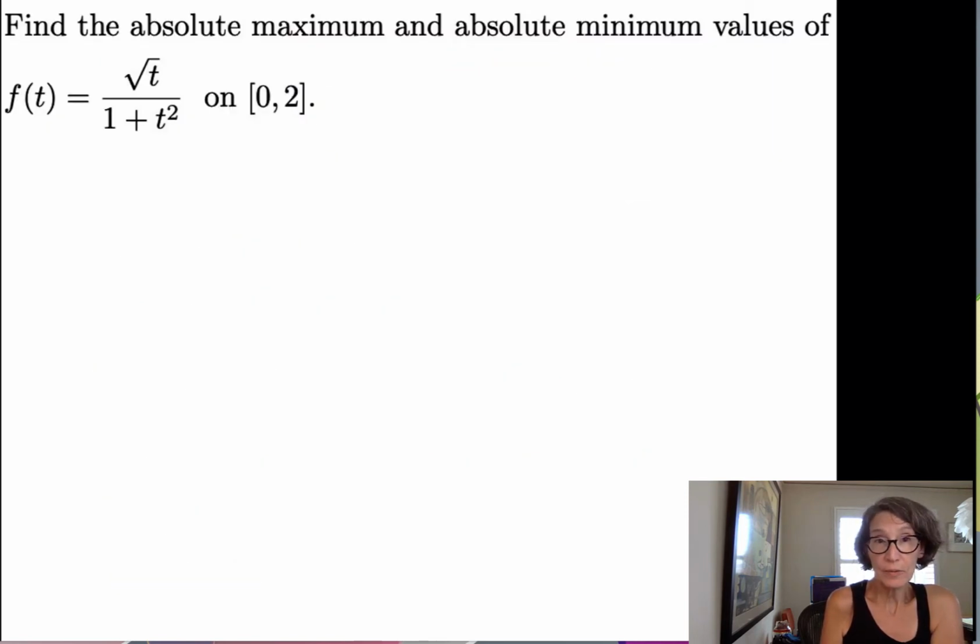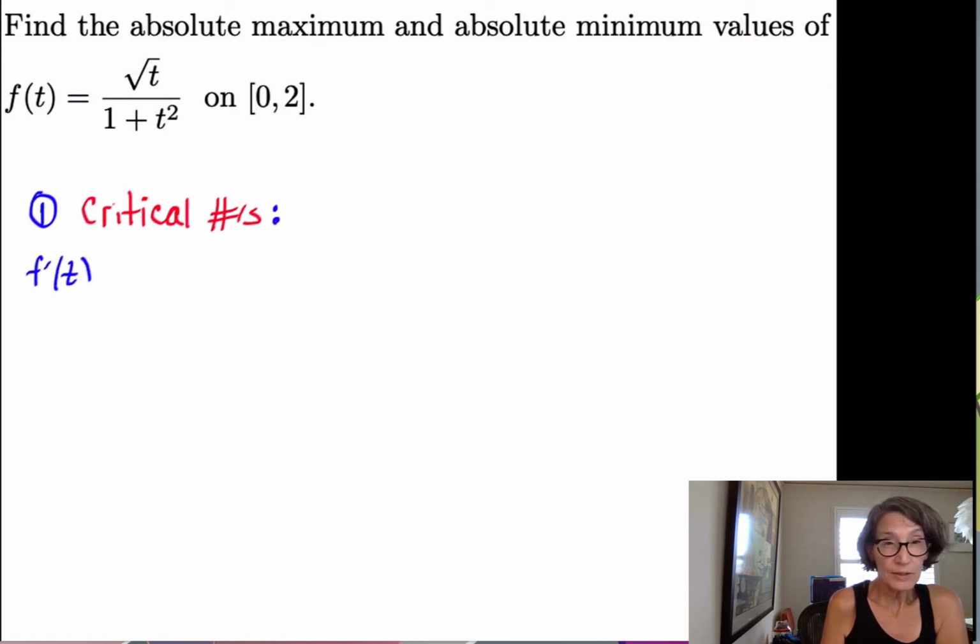Let's do an example. Let's find the absolute maximum and absolute minimum values of f of t equals the square root of t over 1 plus t squared on the closed interval from 0 to 2. First of all, we're going to find the critical numbers. So we have to differentiate the function f. We're going to use the quotient rule.